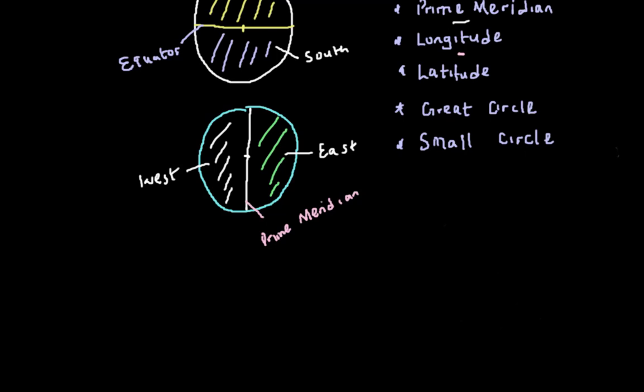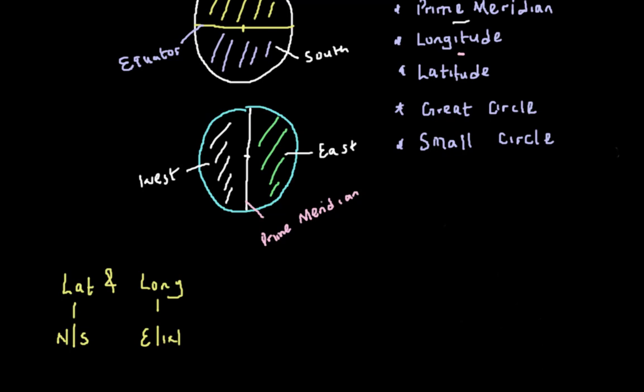Now the question you may want to ask is, what's the difference between latitude and longitude? Now latitude is an imaginary line that specifies location north or south of the equator, while longitude is an imaginary line that specifies location east or west of the prime meridian.